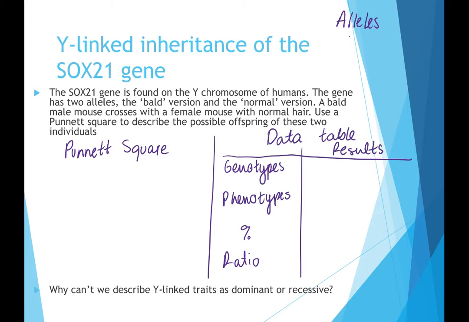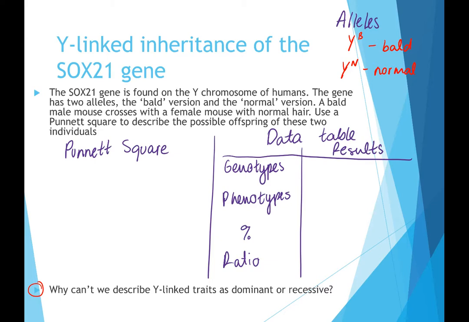So the alleles, we either have bold or normal. In Y-linked inheritance, I'm going to write it like this. So YB is going to be bold, and then YN is going to be normal. All right, why I use two different letters there is for this reason down the bottom that we'll discuss in 2 seconds, okay?